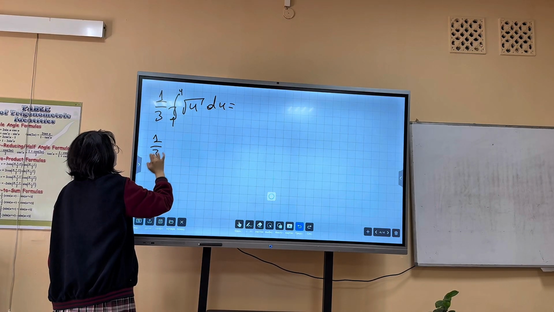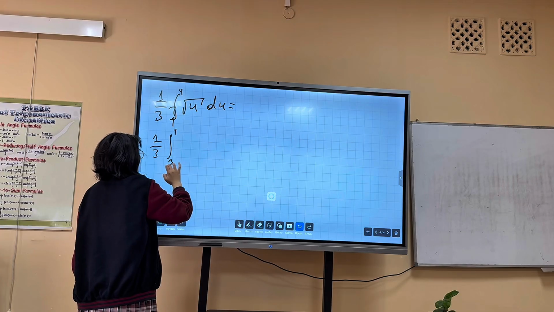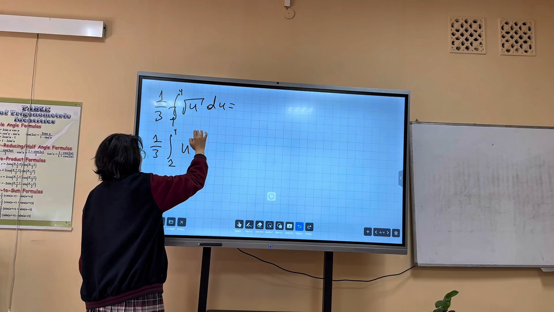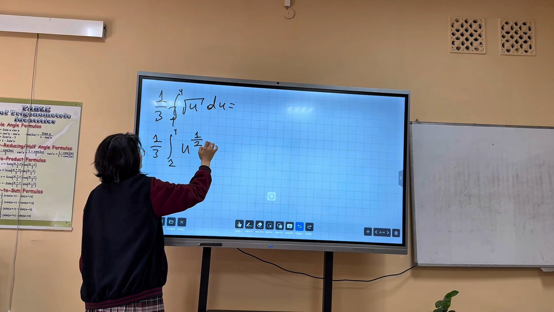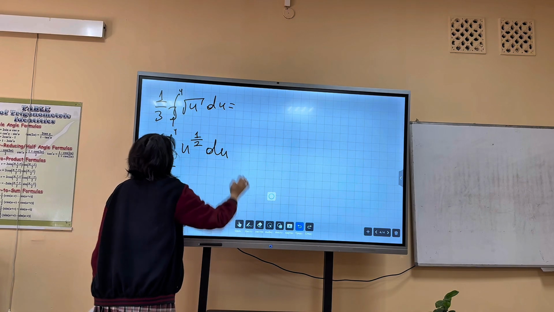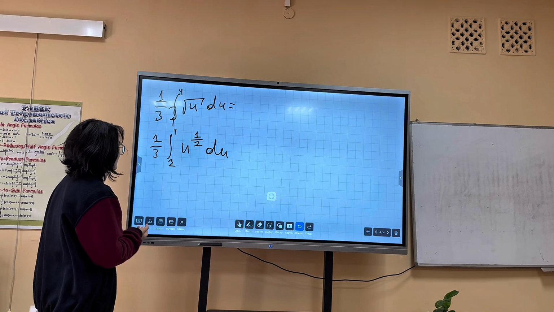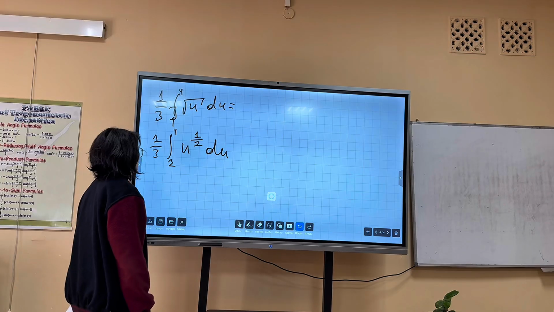It will be 1/3 integral from 1 to 4 of u to the power 1/2 du, and we can see that it can be easily solved.